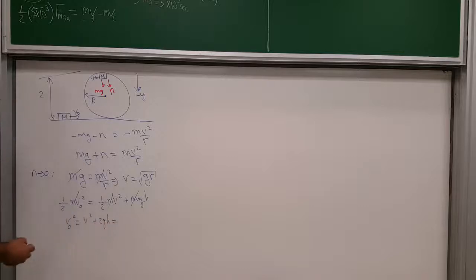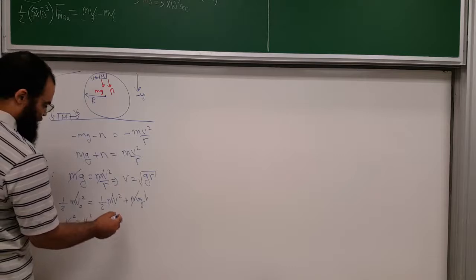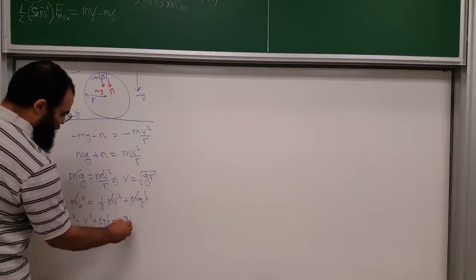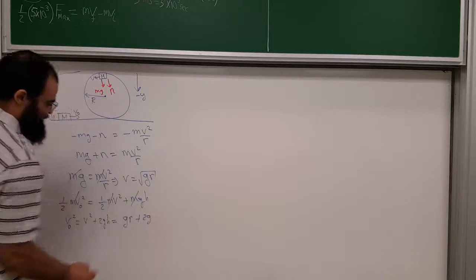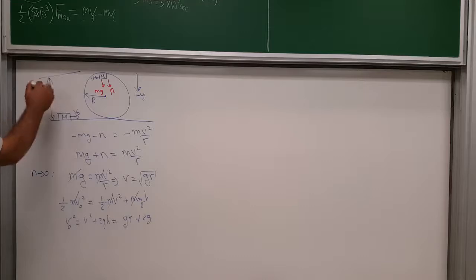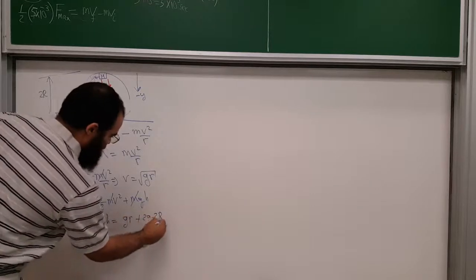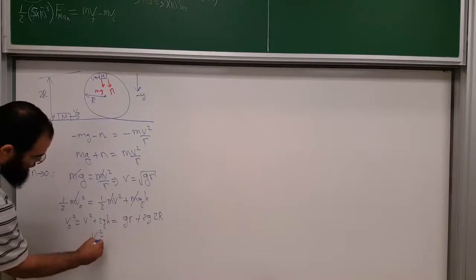And what's v squared? Well, v is the square root of gr, so when you square it you just get gr for v squared, plus 2gh. But what's the height? The height is 2r.